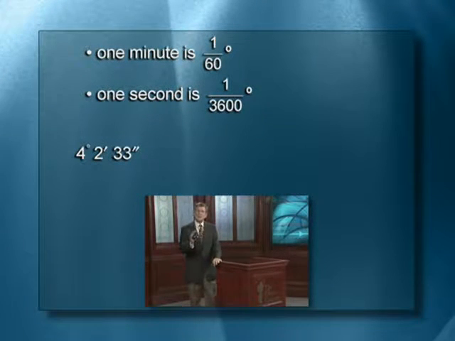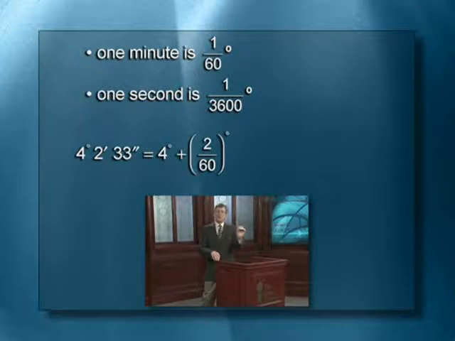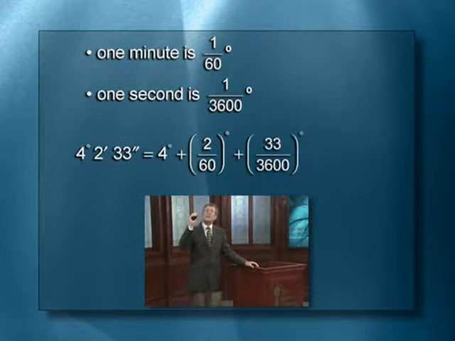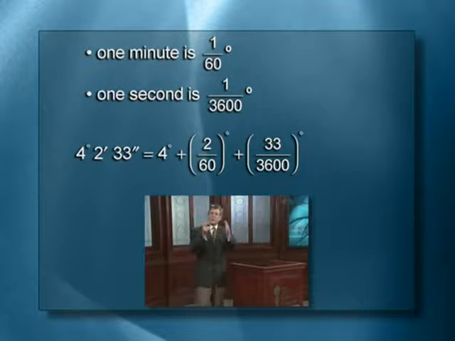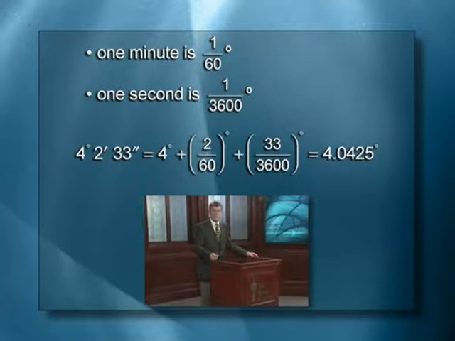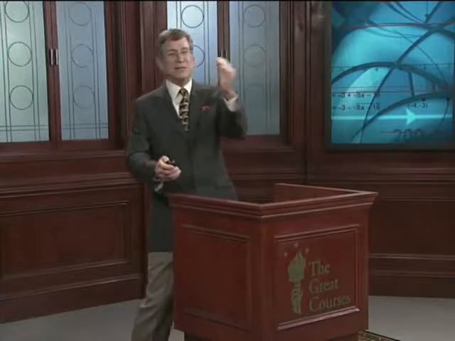Well, it's not hard to do, because you can convert the minutes to degrees by saying it's 2/60. And you can convert the seconds to degrees because that's 33/3600. And then you add up those numbers and you get 4.0425 degrees.